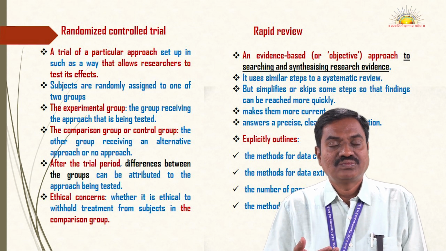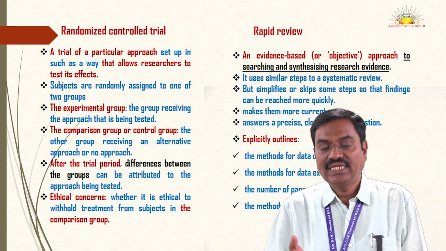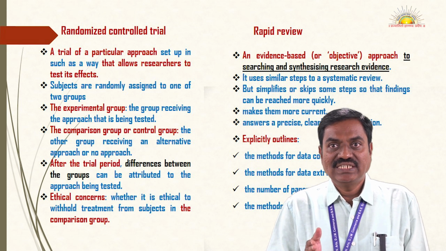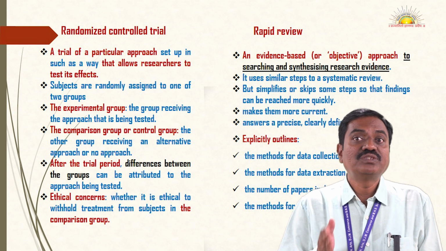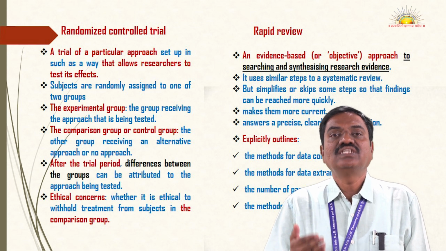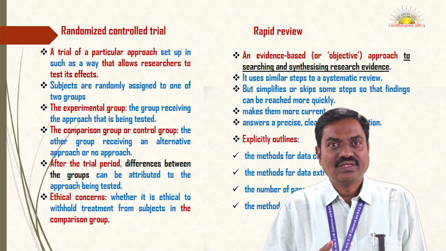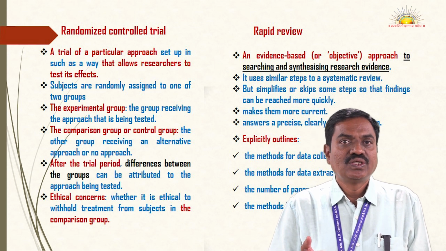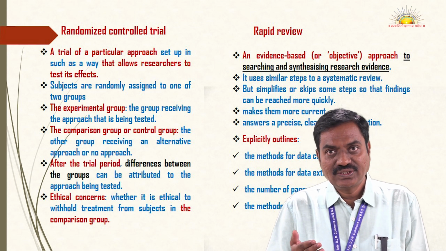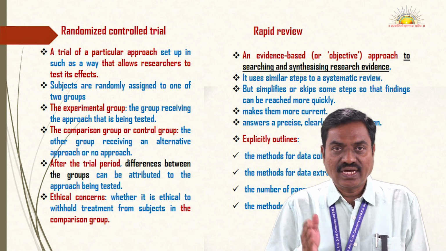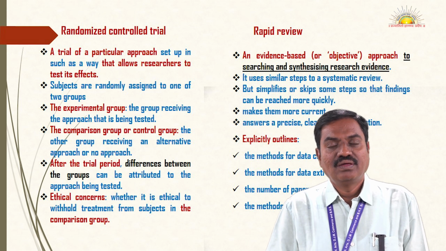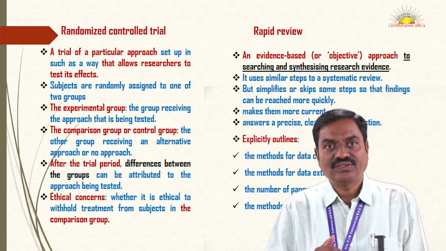The next term that we are going to talk about here is a rapid review. A rapid review is an evidence-based or objective approach to searching and synthesizing research evidence. It uses similar steps to a systematic review, but simplifies or skips some steps so that the findings can be reached more quickly, making them more current.